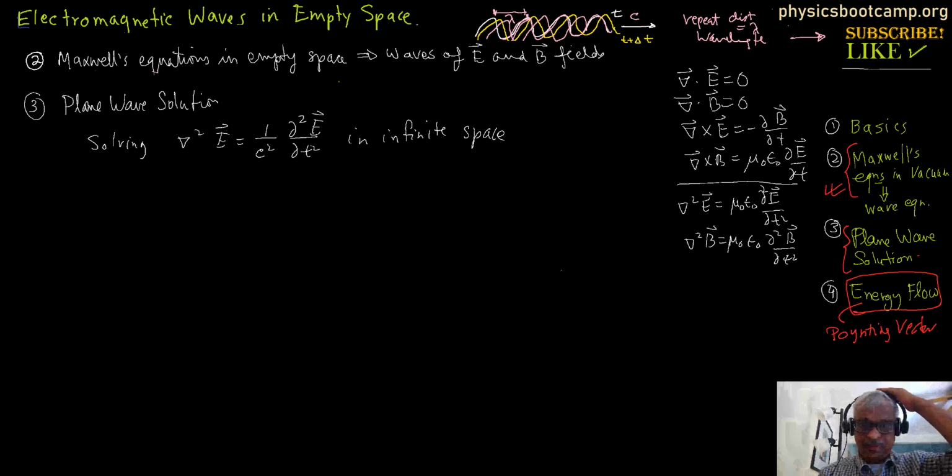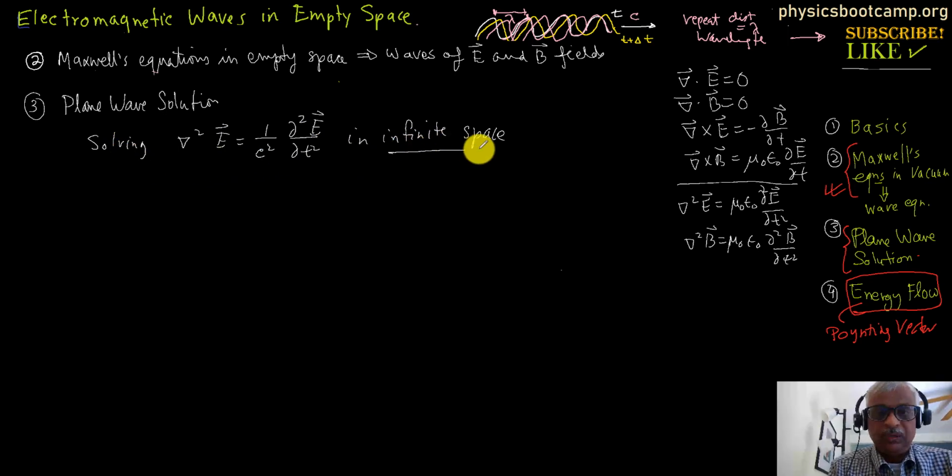Okay, let's move to the solution. So let's look at this. Space is infinite. We are going to assume infinite space so that there's no place where the waves are generated and no place where the waves are getting absorbed.